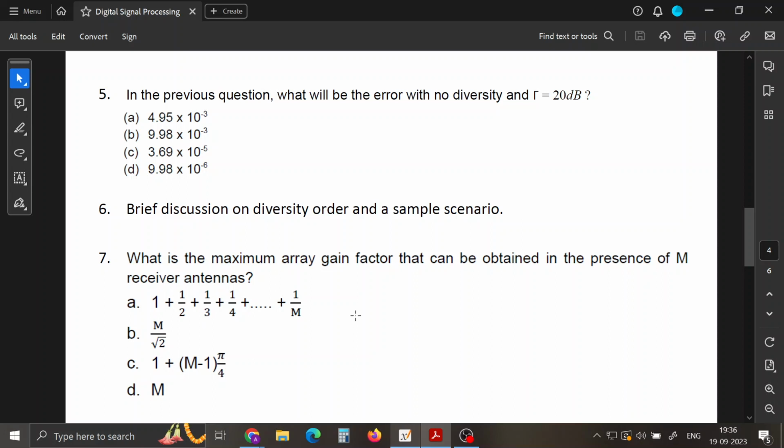M receiver antennas are there. What is the maximum array gain? This is directly from the lectures, it was discussed. Which one do you think? Question number 7. Anyone?